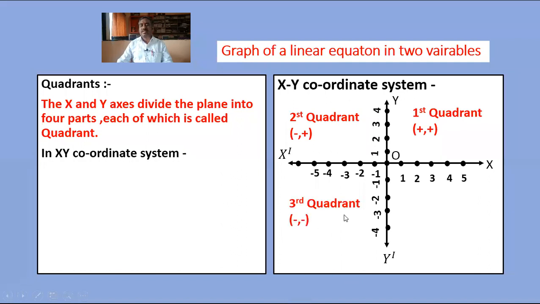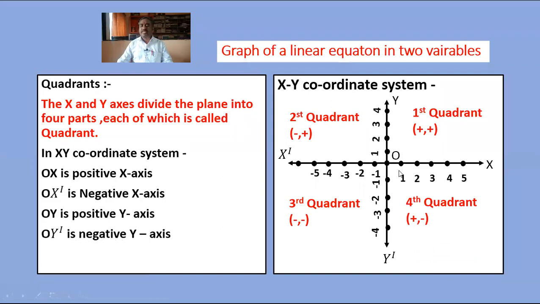This is the third quadrant containing negative coordinates, and this is the fourth quadrant having positive, negative coordinates. In the XY coordinate system, OX is the positive X axis, OX dash is the negative X axis, OY is the positive Y axis, and OY dash is the negative Y axis.